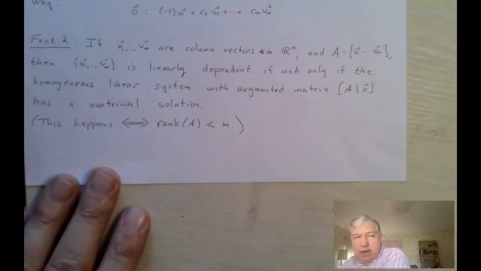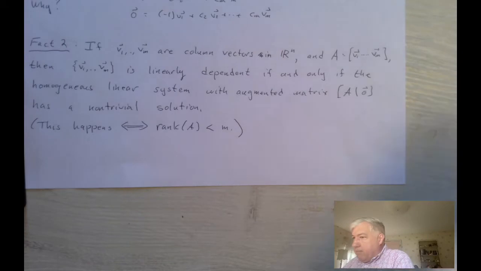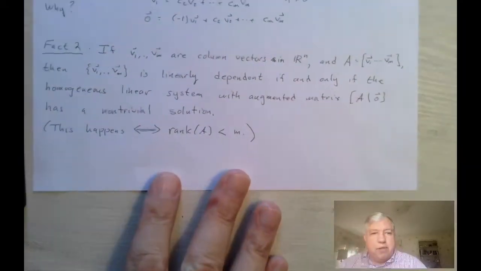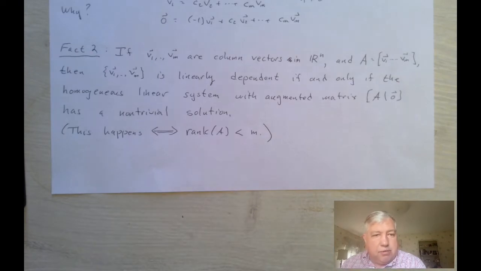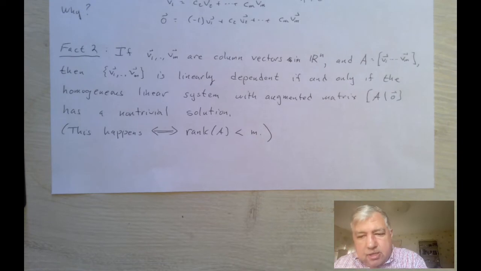And we said last time that with homogeneous linear systems, you just have to look at the rank of this coefficient matrix A, because we're either going to get a unique solution, that is the trivial solution, or we're going to get infinitely many. Remember, rank is the number of non-zero rows in the matrix's reduced row echelon form.